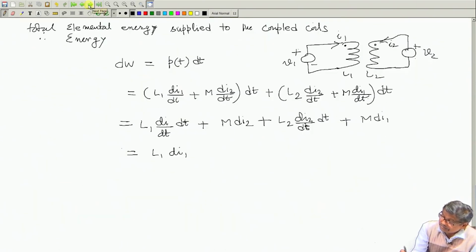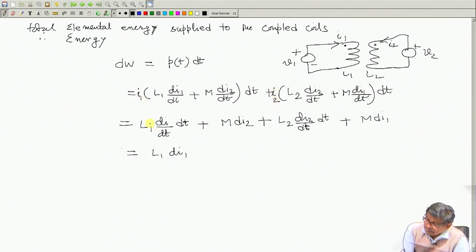So, this was into I1, mind you, and this was into I2. So, this I1 will come here, and also here I1 will come, and also here I2 will come, and I2 will come. This will be the thing.